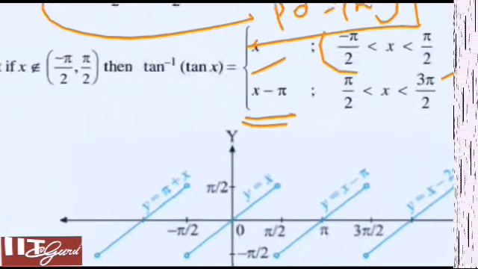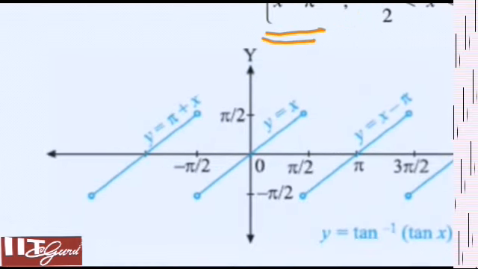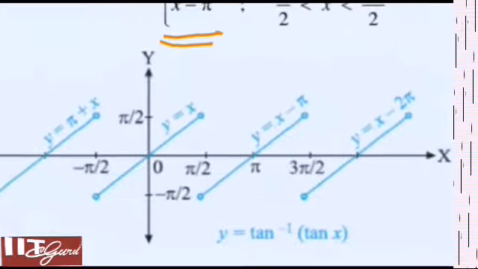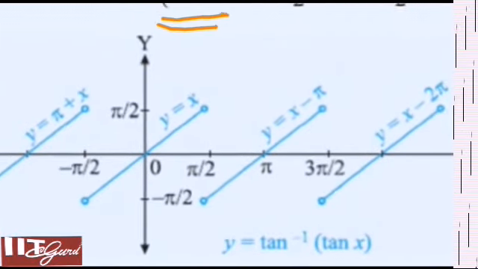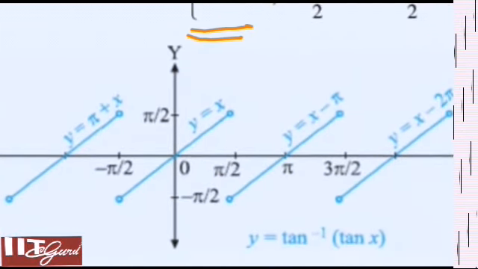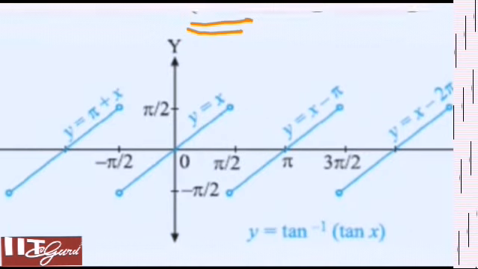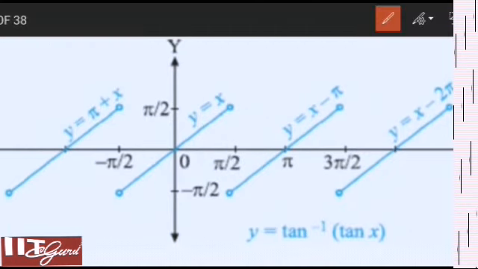The graph is, if you see the graph over here, let me zoom in. This is the graph of tan inverse tan x. Between minus pi by 2 to plus pi by 2, this is the line y equal to x, and after that you have to make a pi interval.